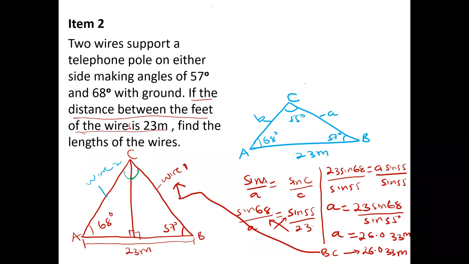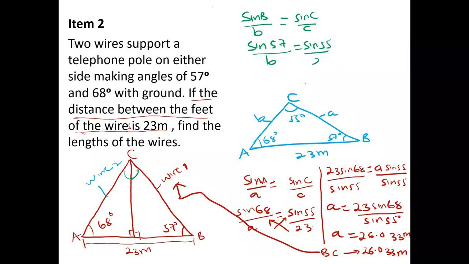Now that I want to find small b, I should include their angle B. So we say that sine B divided by small b is equal to, choose any, sine C divided by small c. I have angle B as 57, so we have sine 57 divided by small b, which I don't know, is equal to sine 55 divided by 23.